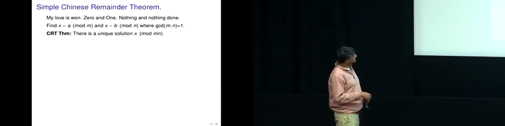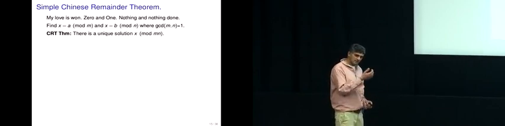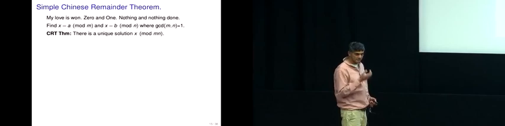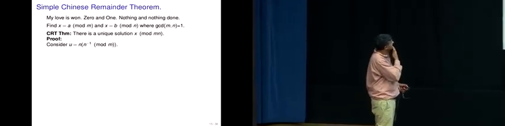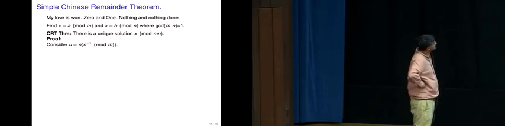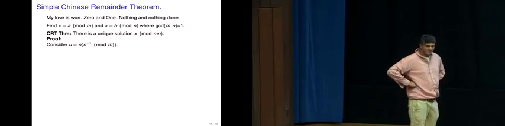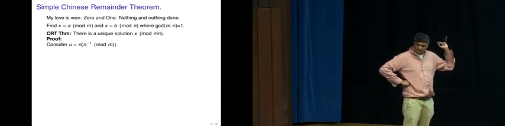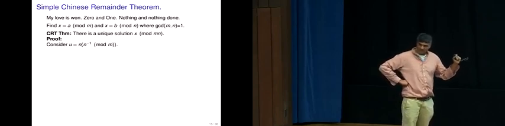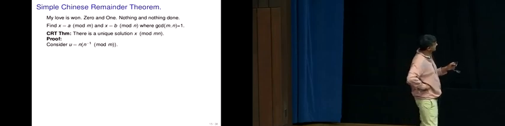Now I want to say there's a unique solution for x mod mn. So I'm just going to construct it, because the poem told me to construct 0 and 1 somehow. So this is what I'm doing.